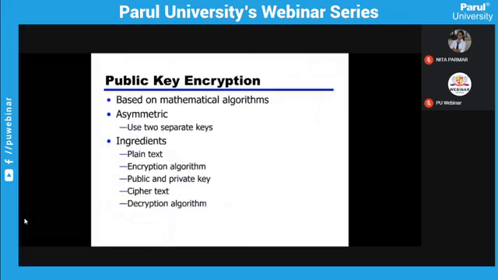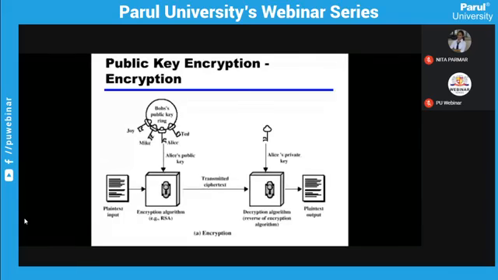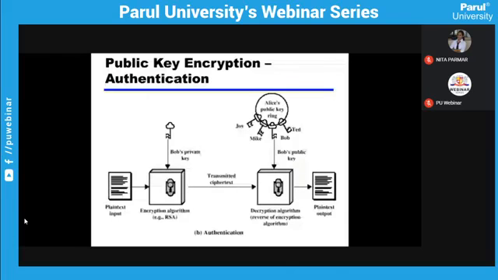And public key encryption is based on a mathematical algorithm, and it is asymmetric as we saw earlier. This is the diagram of public key encryption, in which the public key is known to everyone, but the private key is known only to the host. So it will decrypt the message and ensure the message is authenticated.